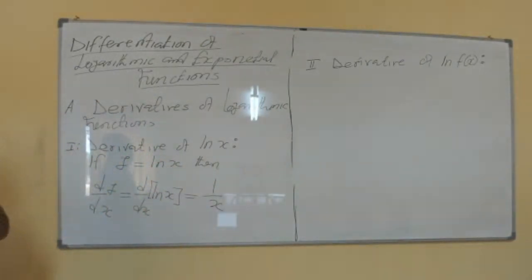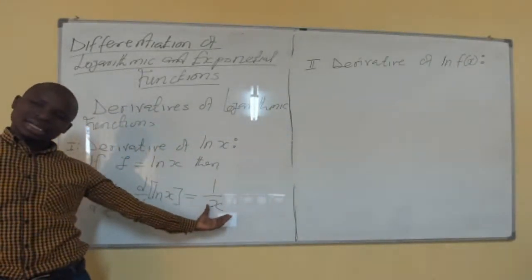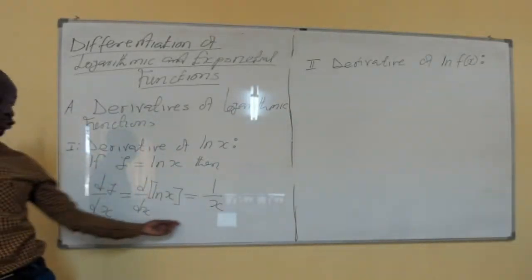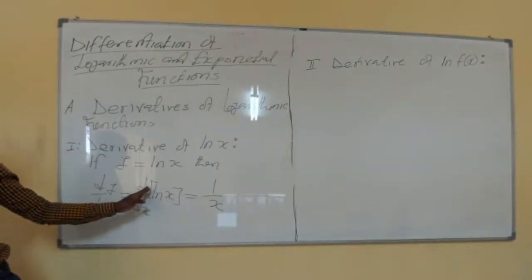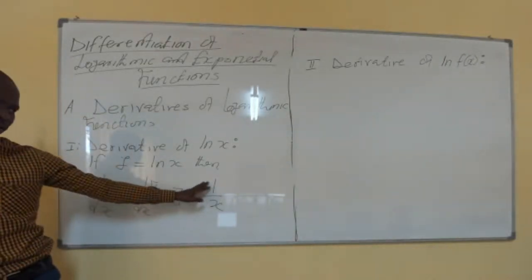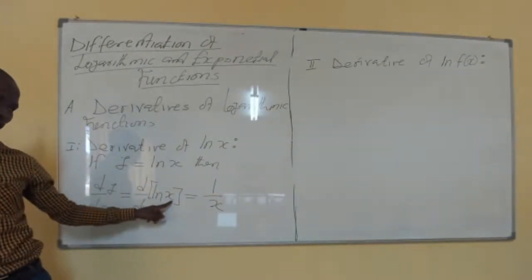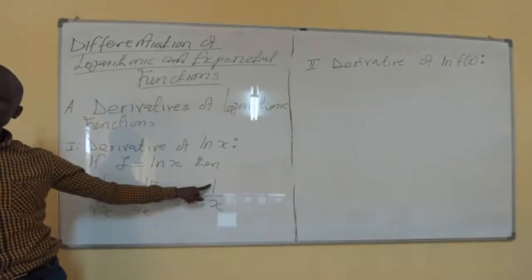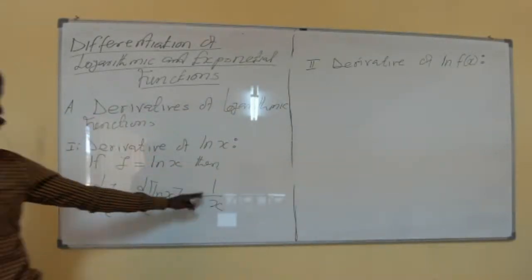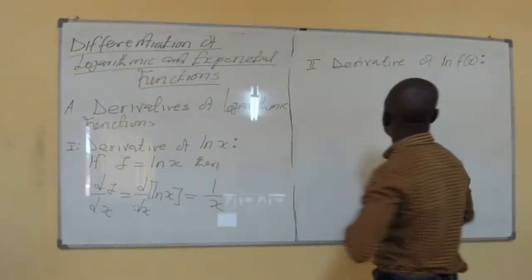If you look at the final answer in this expression, we are saying the derivative with respect to x of the function ln of x is equal to 1 divided by x. So this x is the one which is under the ln function. If you look at the derivative of x, the derivative of x is equal to 1. So now from this scenario, we have the general form.